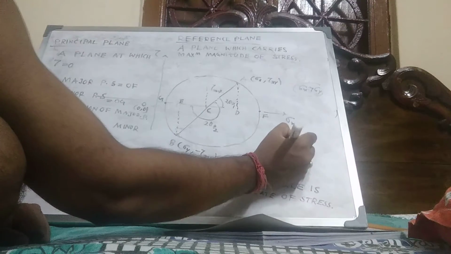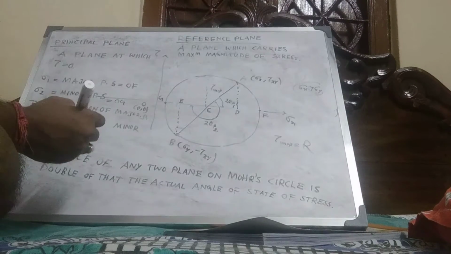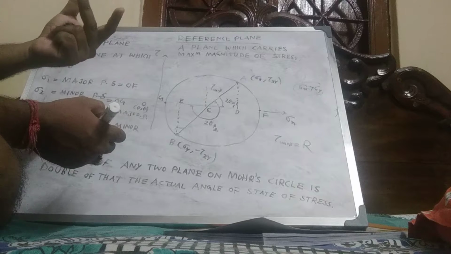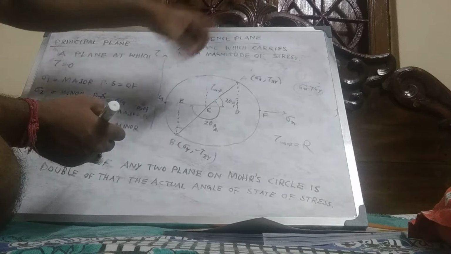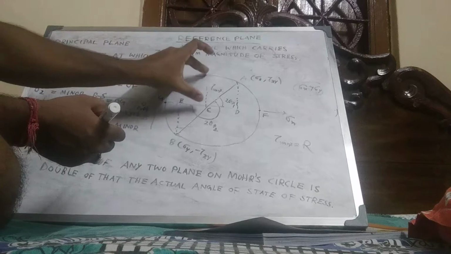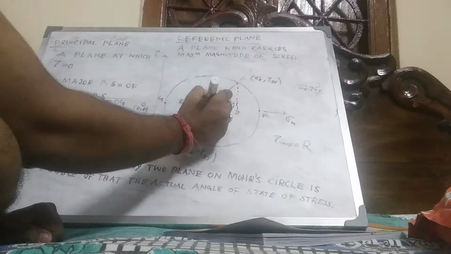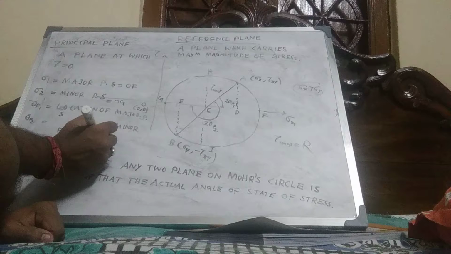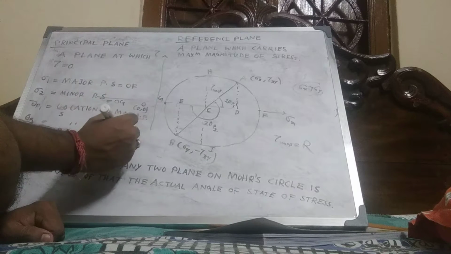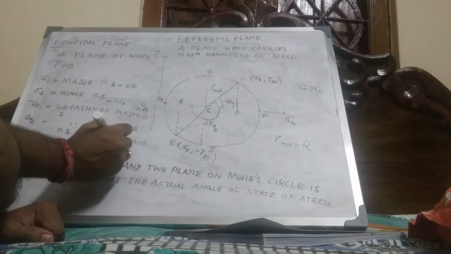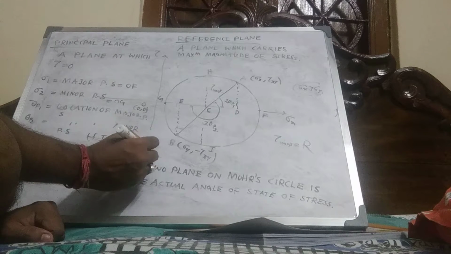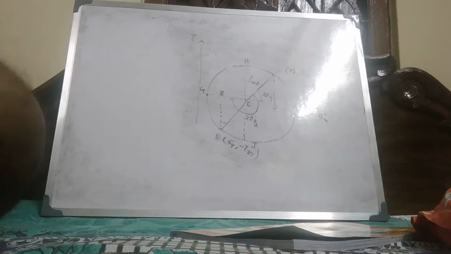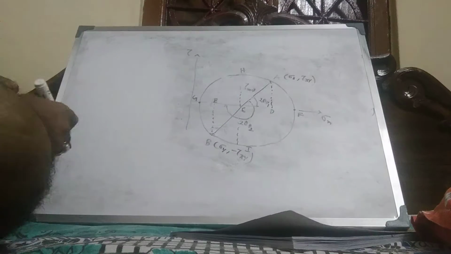Maximum shear stress equals the radius of the Mohr circle, the perpendicular distance from the center of the Mohr circle to its circumference. This point represents the plane of maximum shear stress.